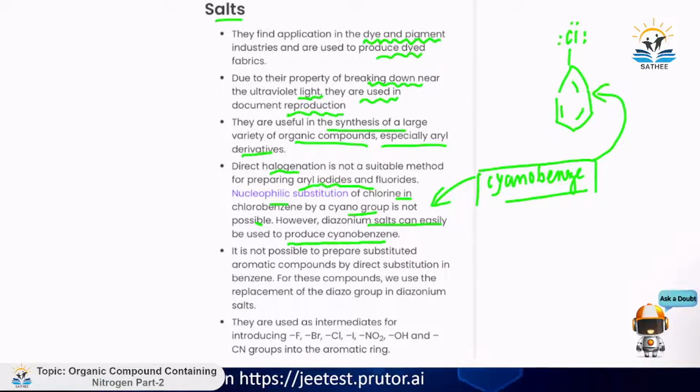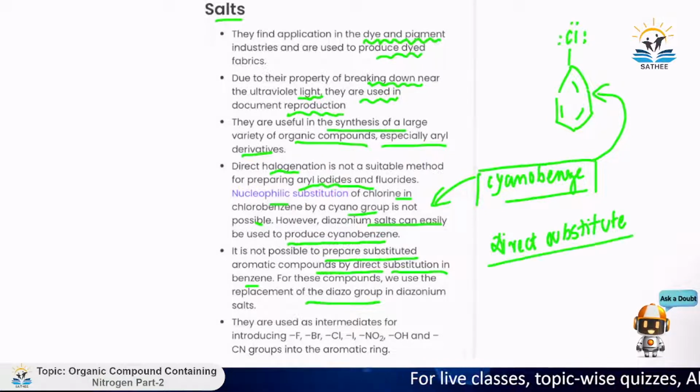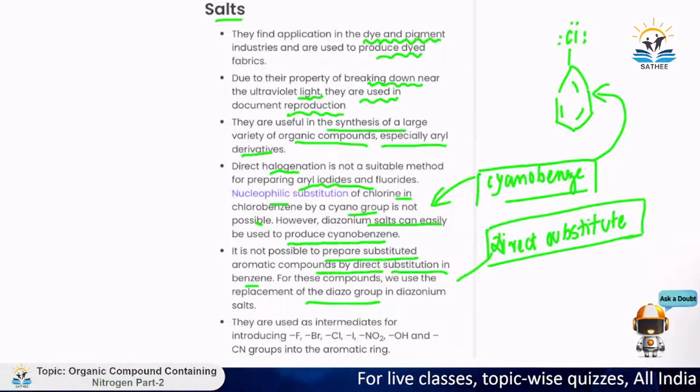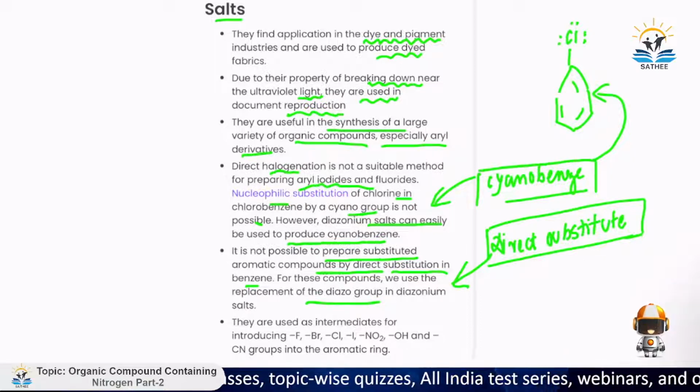It is not possible to prepare substituted aromatic compounds by direct substitution in benzene. A similar thing is written, that it is not possible for us to produce substituted aromatic compounds by direct substitution. We cannot substitute directly, we have to use an alternate method. So instead, we can use diazonium salts if we want to substitute any of the groups in benzene.